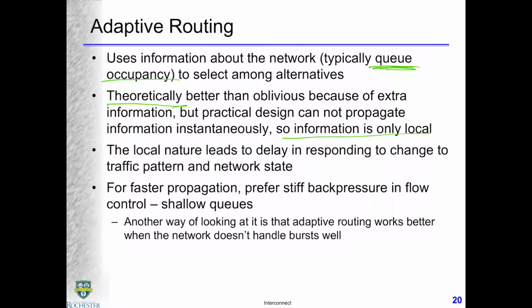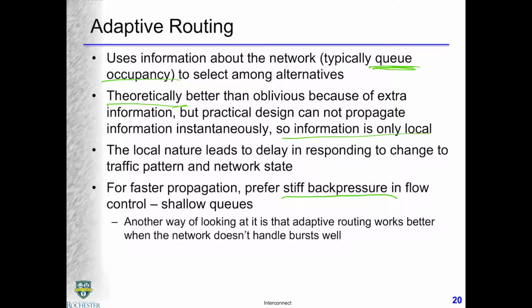Okay, so how do you make it propagate faster? Well, if your queues are very shallow, that means if you get some congestion downstream, your queue quickly backs up, and you will therefore make your upstream neighbor, whoever wants to send you packets, more aware of the congestion. So that's usually called a stiff back pressure, right? I am back propagating this pressure very quickly.